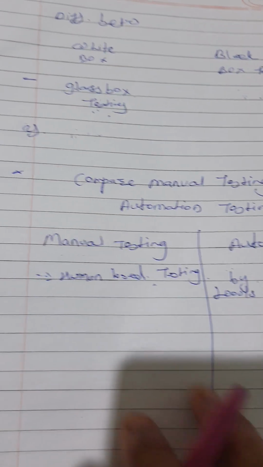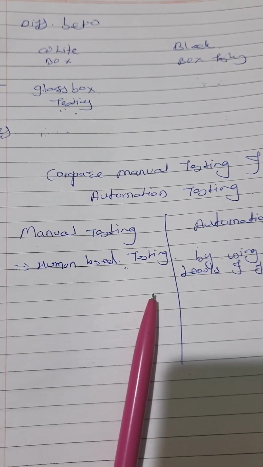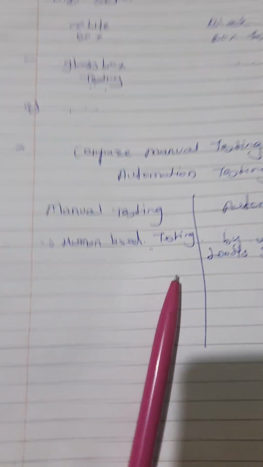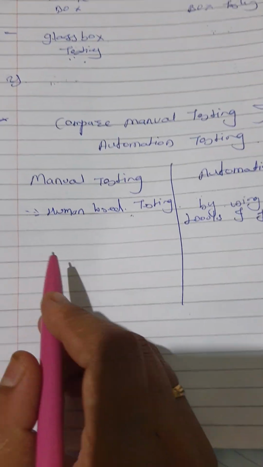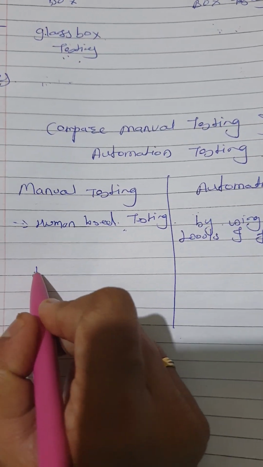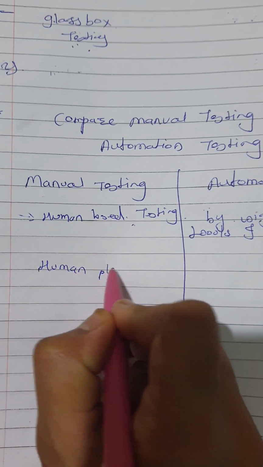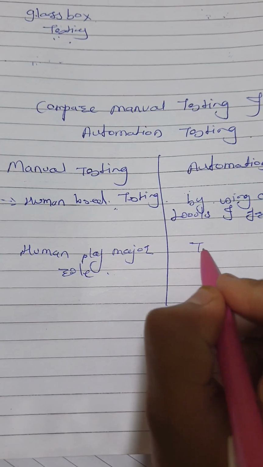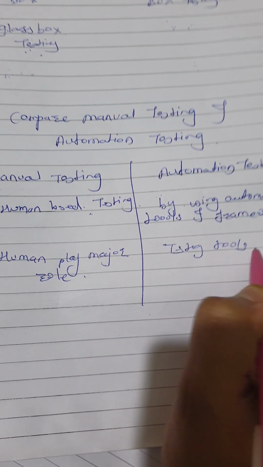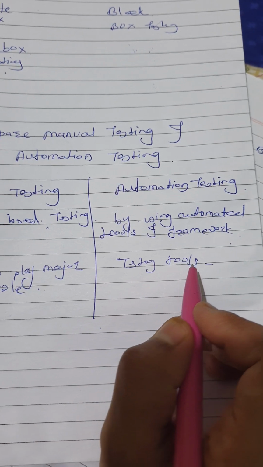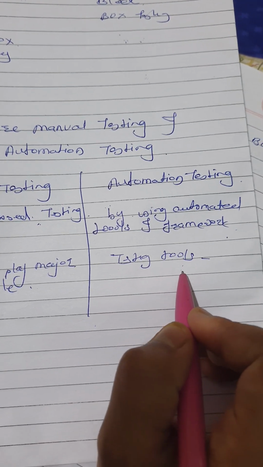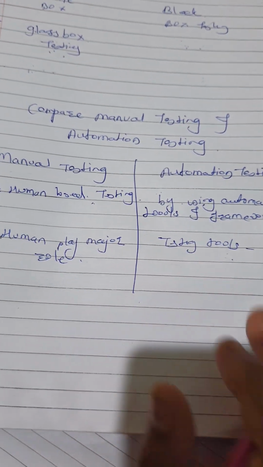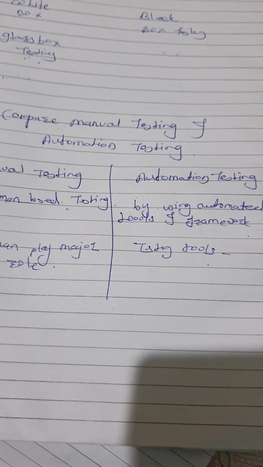So in short, in manual testing the human plays the major role, and in automation testing tools play the major role. For example, tools like Selenium, TestRail, TestLink are testing tools. These testing tools play the major role to perform testing.